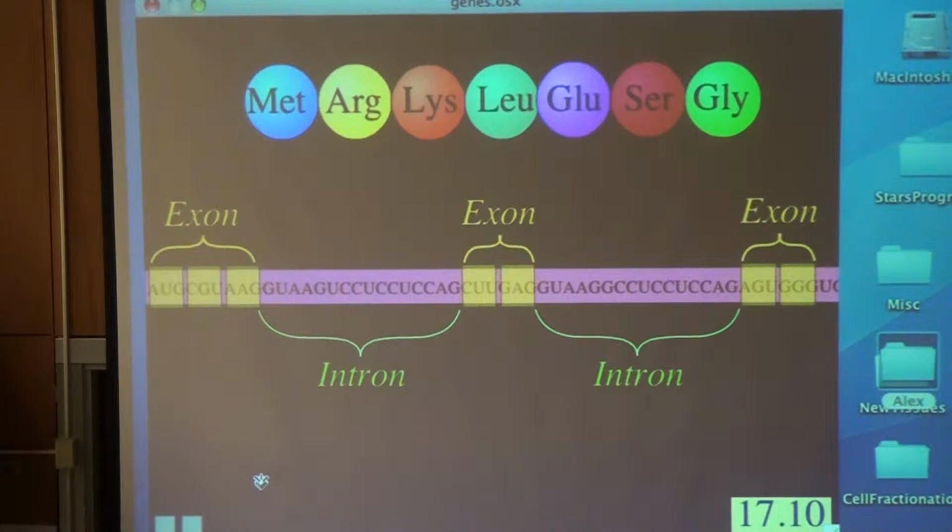These parts of the original RNA transcript that do have codons, that do get translated into amino acids by the ribosome, are called exons, and the parts that do not encode any amino acids are called introns.